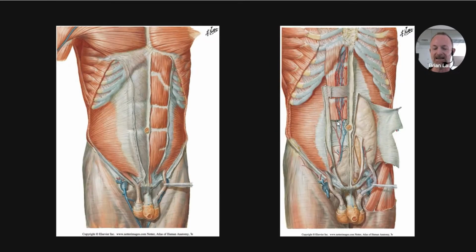Let's go to the next slide. Here in this image, we have the rectus sheath removed from the rectus abdominis. This is what we would do in dissection: we would start to come underneath the rectus abdominis, creating a little separation between the rectus abdominis and the tissue underneath, and we would start lifting it up. That's what we have in this side right here. We have the rectus abdominis starting to be removed, and you can already get an imprint.